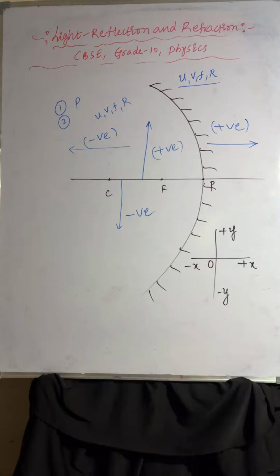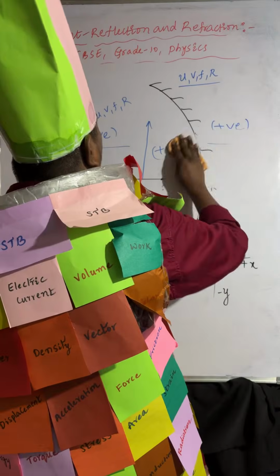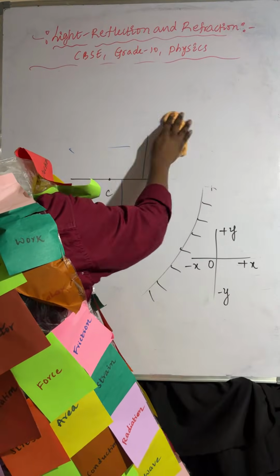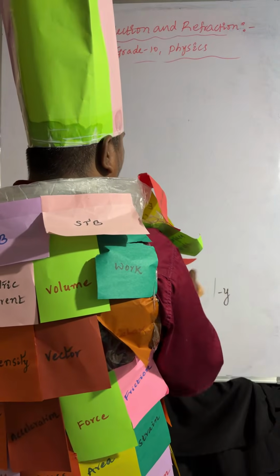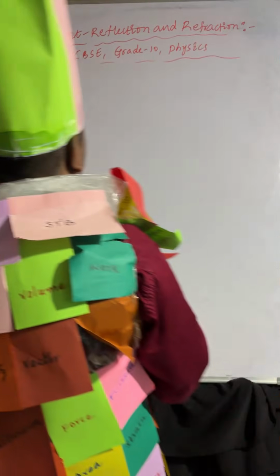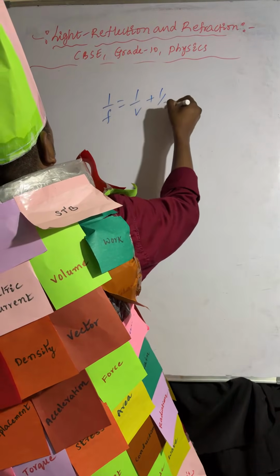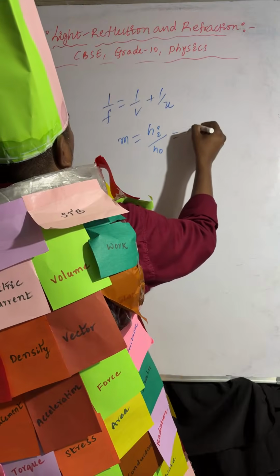Now we will discuss the mirror formula and magnification. The mirror formula is 1 by f equal to 1 by v plus 1 by u, and magnification equals height of the image by height of the object, that is nothing but minus v by u.